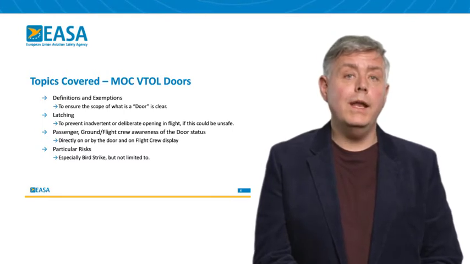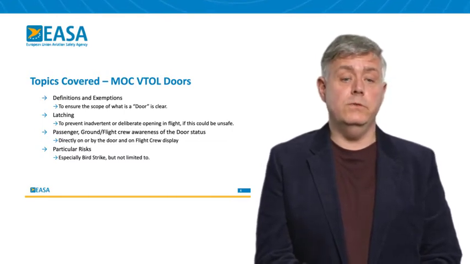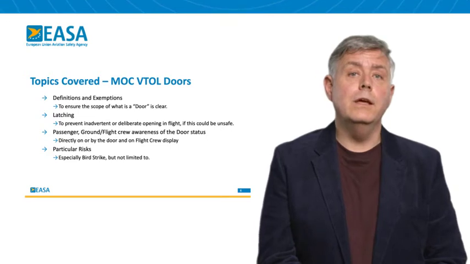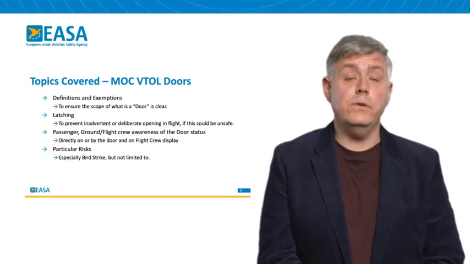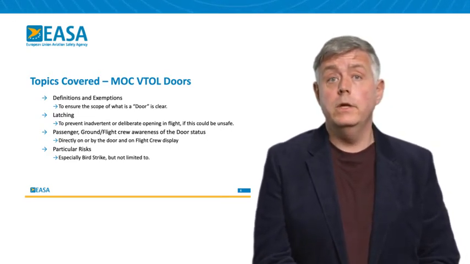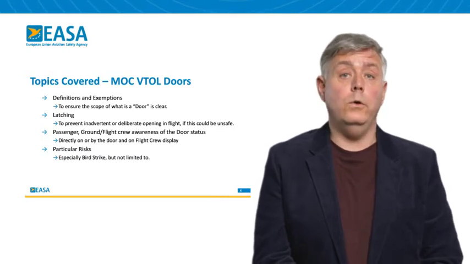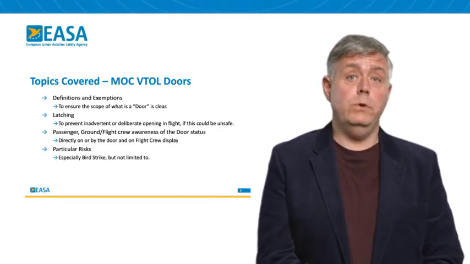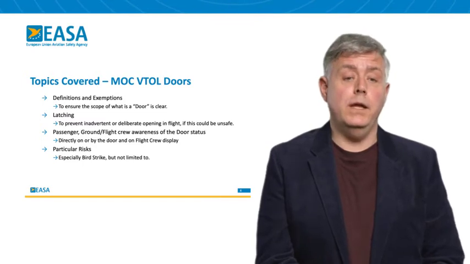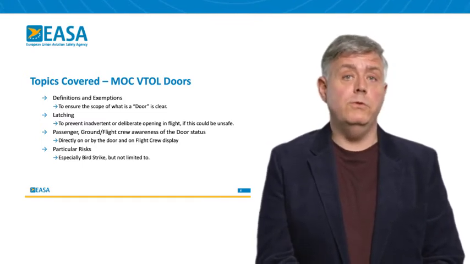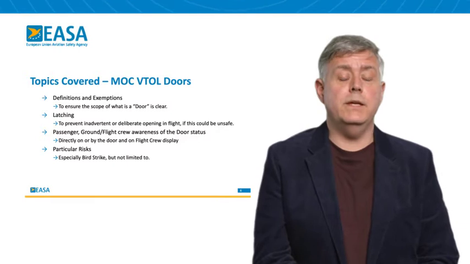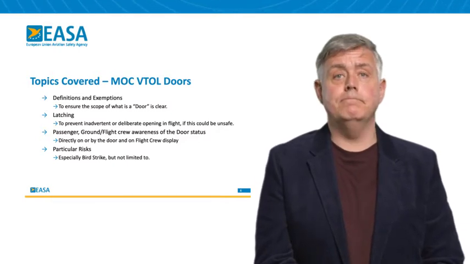We want awareness of the status of the doors, both for the passengers themselves, the flight crew and the ground crew. This being on or next to the door itself, but also on the flight crew display. And as I've mentioned before, particular risk aspects are also covered.